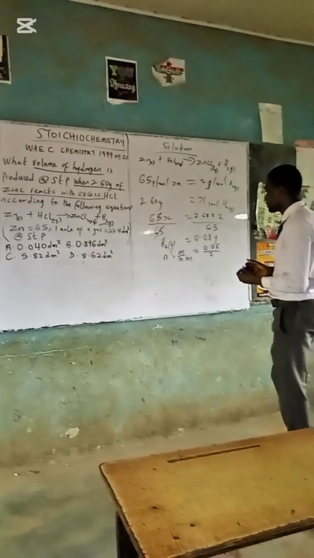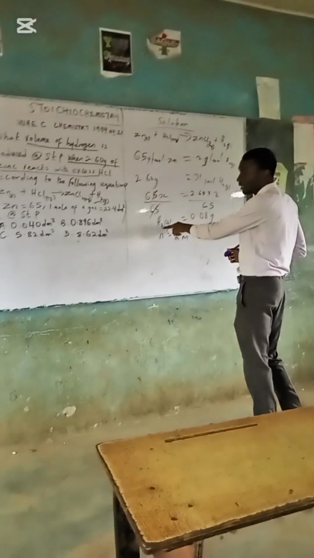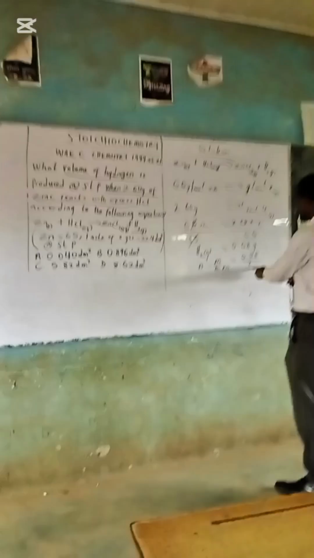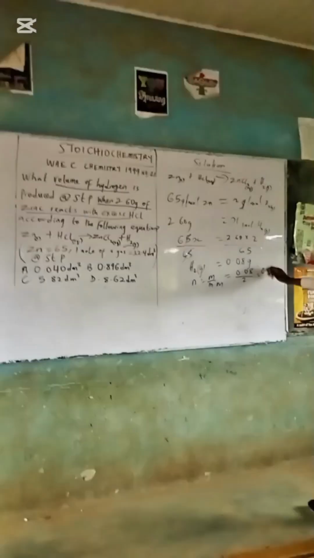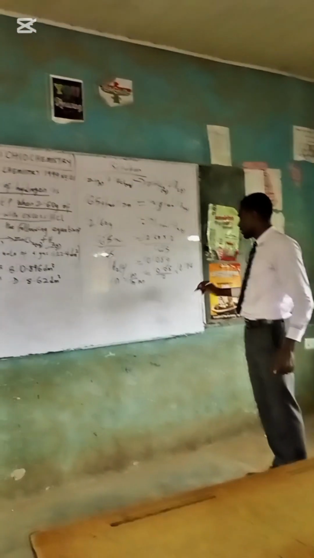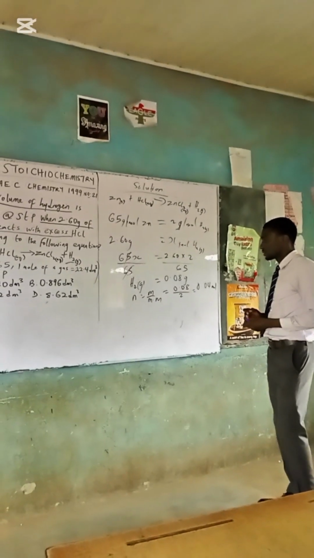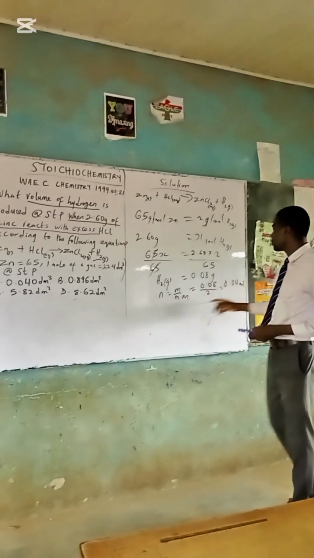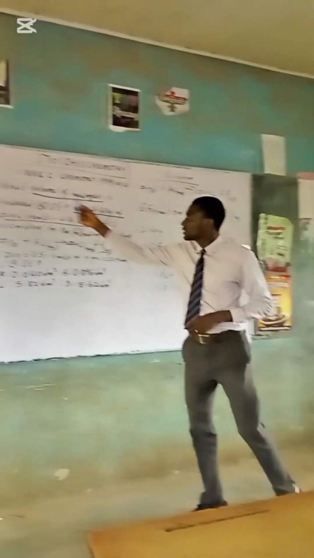The molar mass is 1, but because of this 2 here, you times it by 2. That's why you are having 2 here. So if you divide this, we are going to have 0.04, and amount is measured in mole. That is the number of moles of hydrogen. But the question says, calculate the volume of hydrogen.